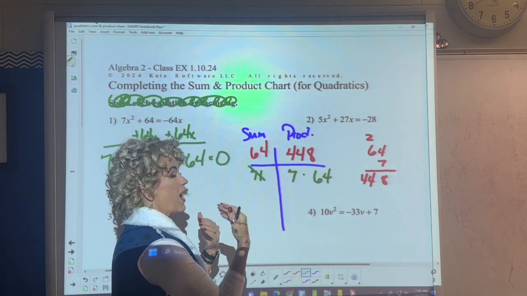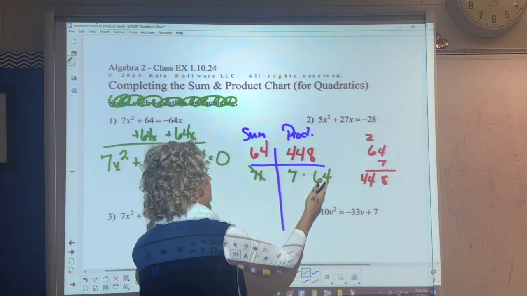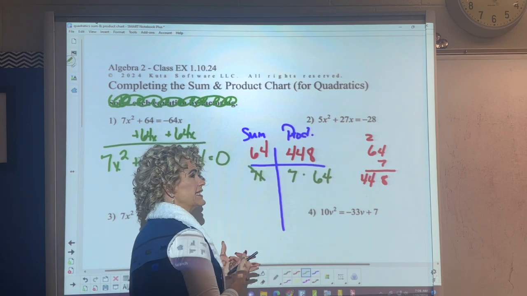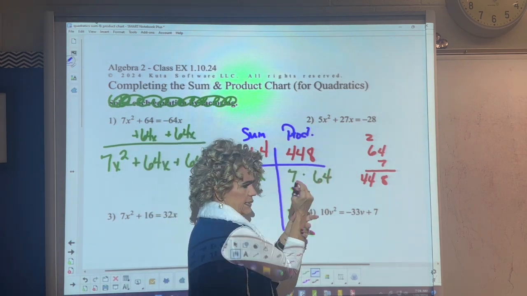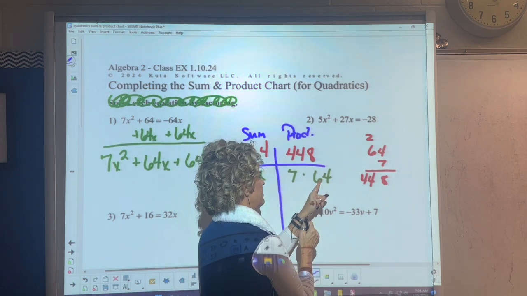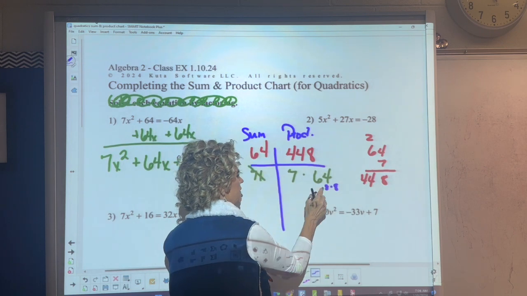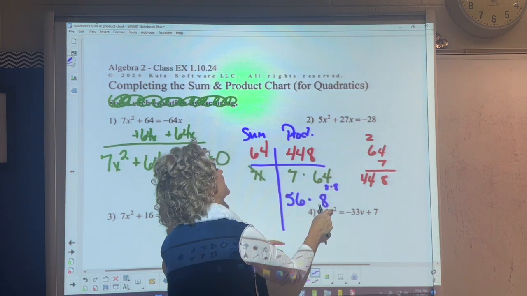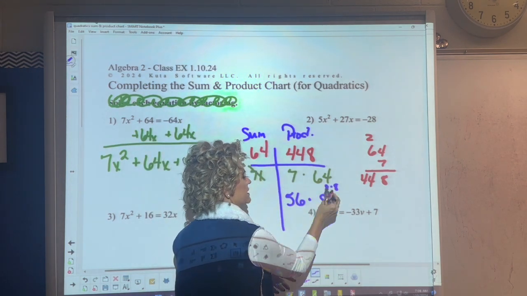Now, how I do it, and this is no rhyme or reason, 64 is also 8 times 8, okay? So that's how I do it. First thing I see is 64. 64 is 8 times 8. So I know this is 8 times 8, so 7 and 8. I know that 56 times 8 is also going to be 448 because 7 times 8 is 56 and I have 8.